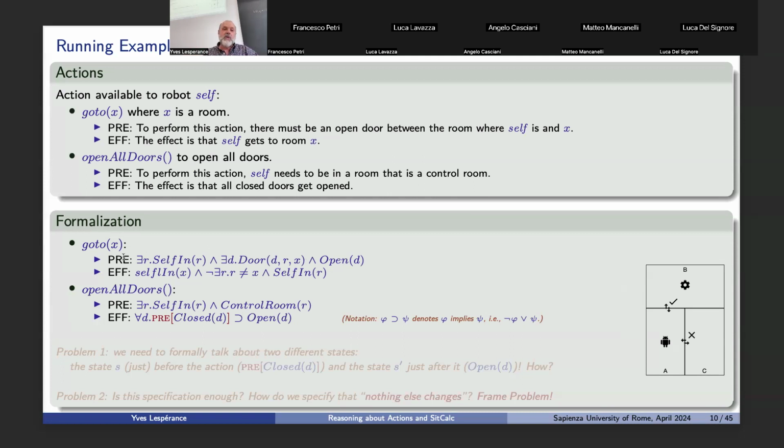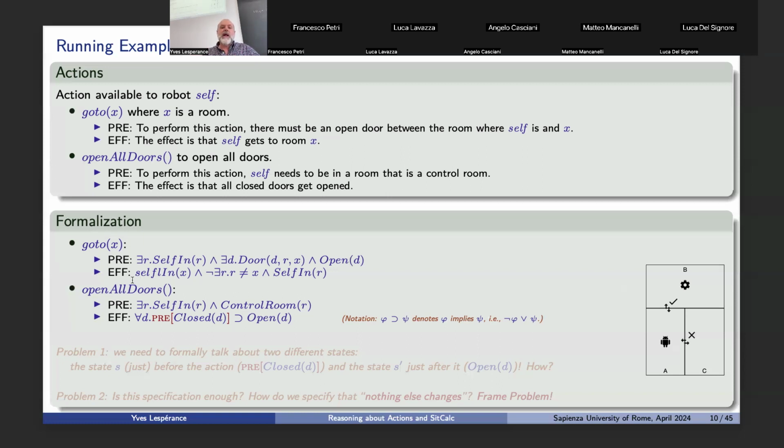For goTo, I might say that for this action to be executable, the agent has to be in some room R, and there has to be a door D between room R and room X, and this door has to be open.